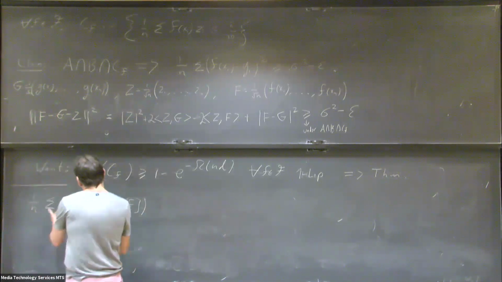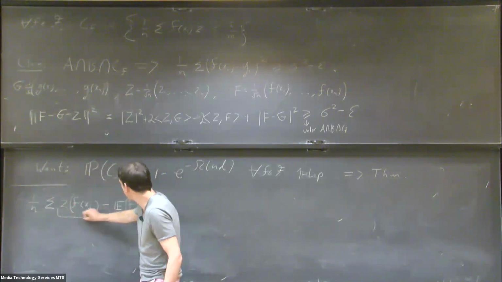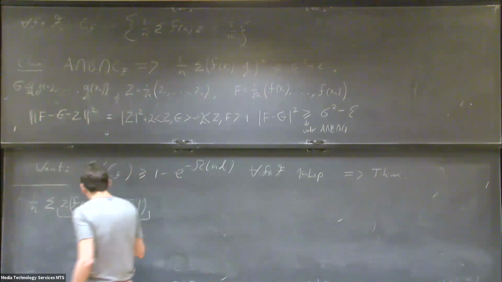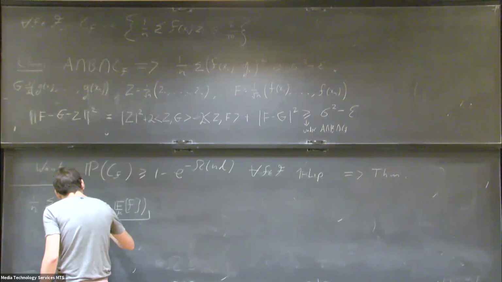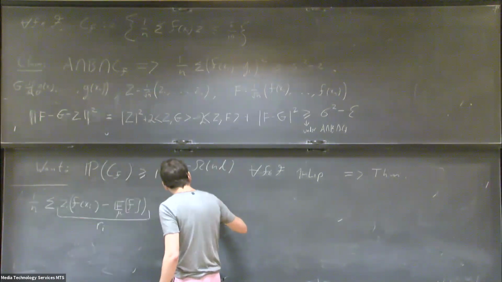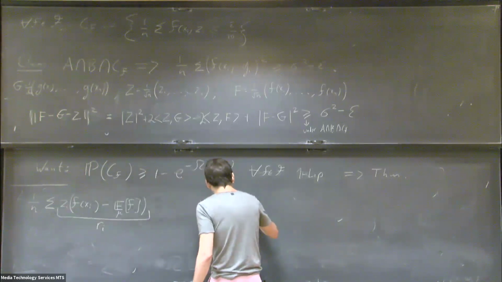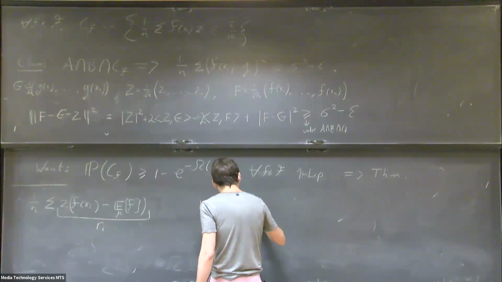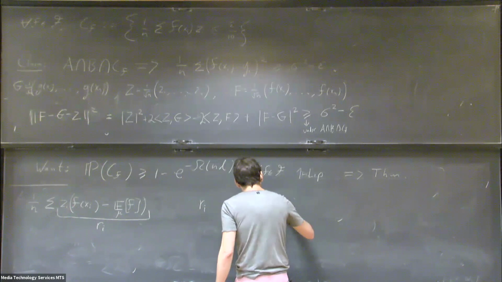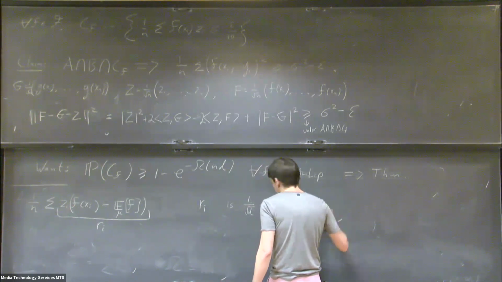So look at this sum. Every summand here, let's call it Wi. The point is that Wi is by definition 1 over root d sub-Gaussian. Why?